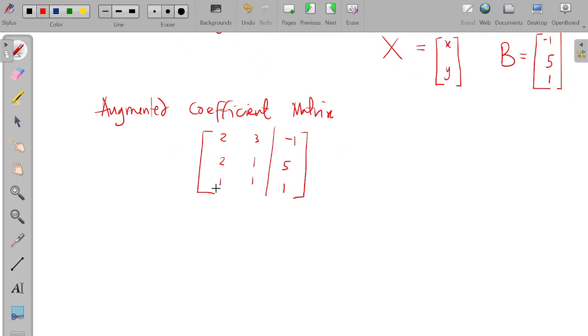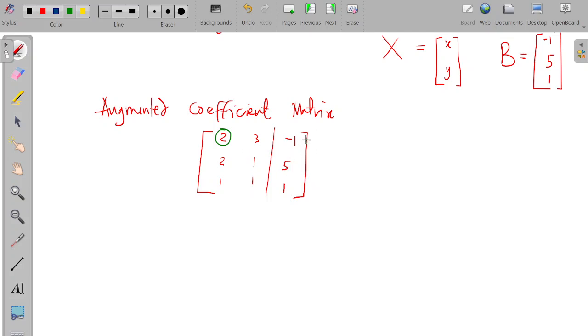Okay, so let's reduce this. The first thing is that we need this to be 1. Don't forget our rules. We can interchange one row with another. We can multiply a row by a number. We can multiply a row by a number and add it to another row.